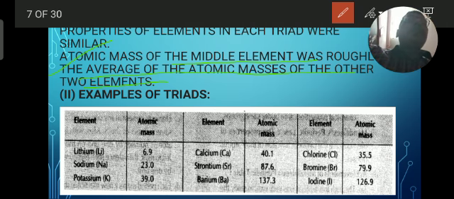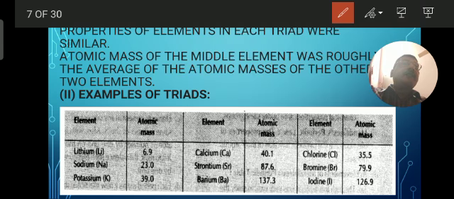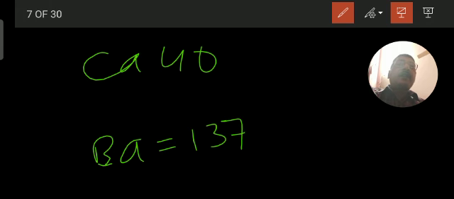In the same way, for calcium, strontium and barium, what is the atomic mass of calcium? Can anybody tell? Okay, let us see. Calcium has 40 and barium has 137, and strontium is to be found out.